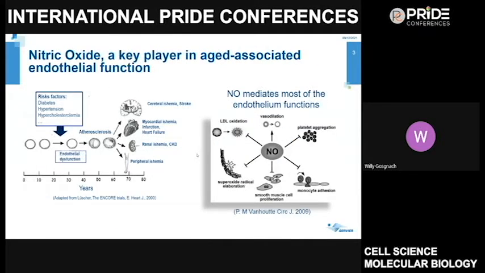Endothelial dysfunction occurs with age and is associated with risk factors like diabetes, hypertension, hypercholesterolemia, and they are all associated with an increase in oxidative stress in the vessel wall. And it leads to the appearance of atherosclerotic plaques that are responsible for a big part of the cardiovascular diseases.